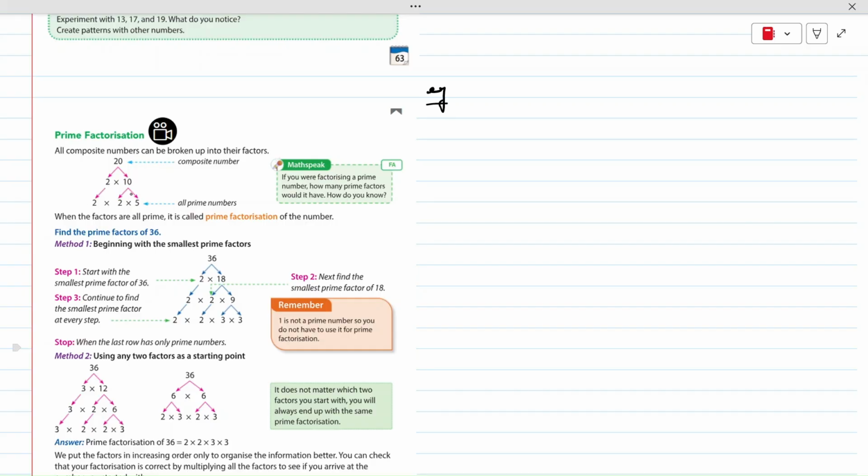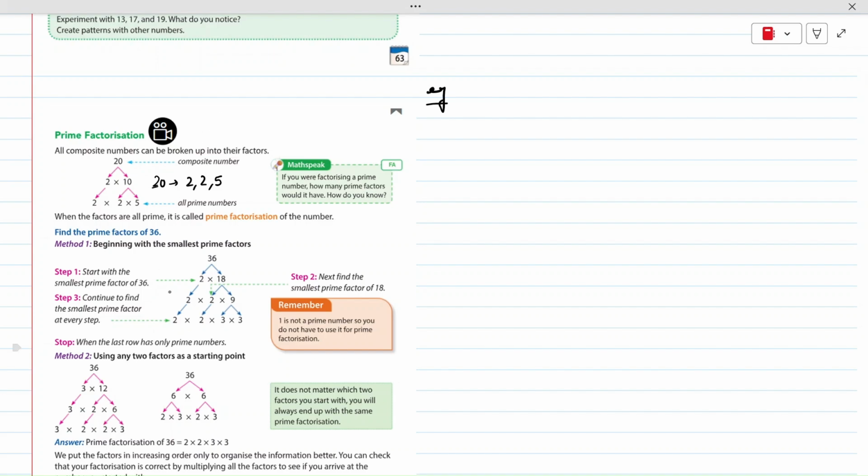And 10 can be broken down into 2 and 5. Now if you see this row, all these numbers are prime numbers which cannot be broken down further. So the factors of 20 from here are 2, 2 and 5. These are the factors from the prime factorization method.